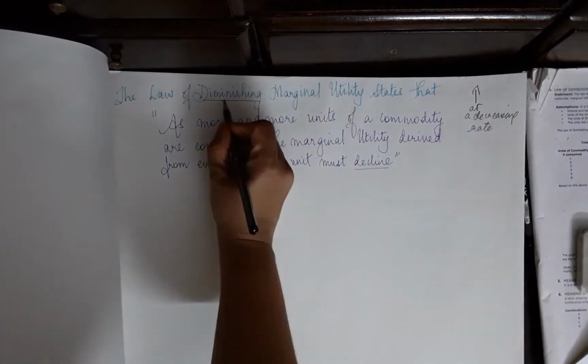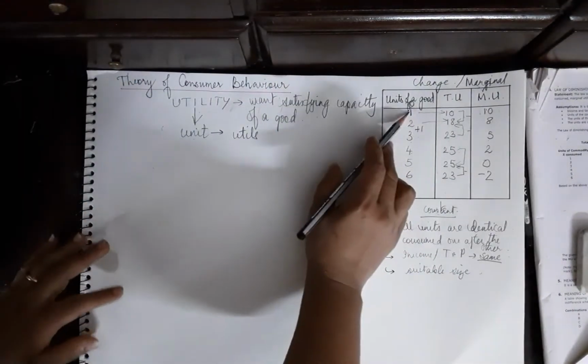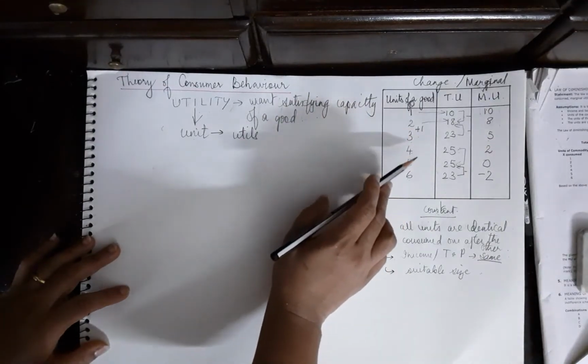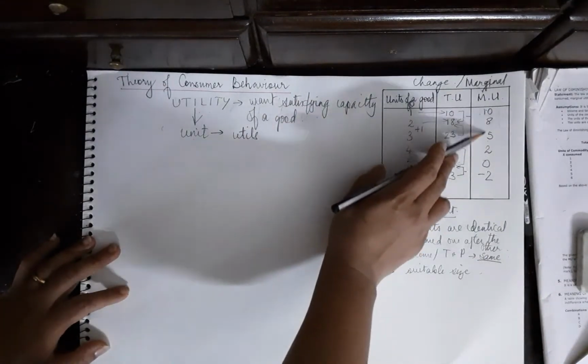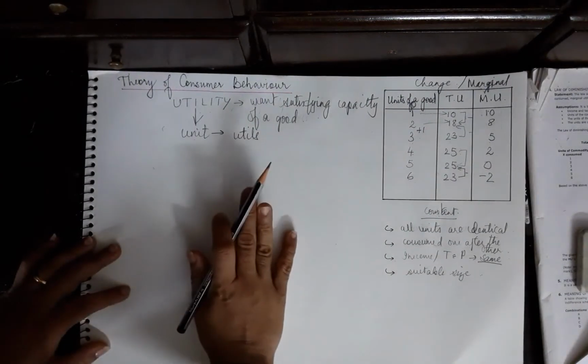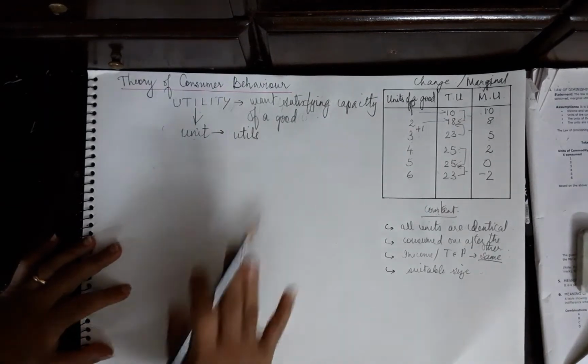So we are coming back to the word diminishing. What do we mean by additional unit? The 1 Tic Tac that I had, addition. So at every additional unit consumed, the marginal utility must decline. This is the statement of the law of diminishing marginal utility.